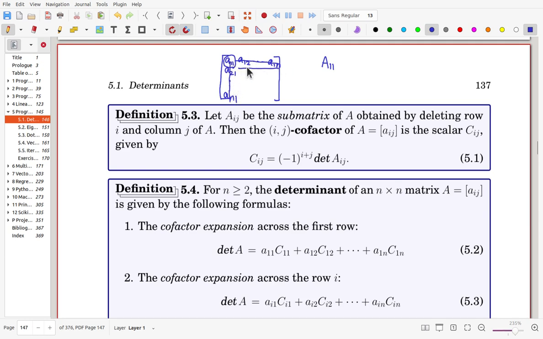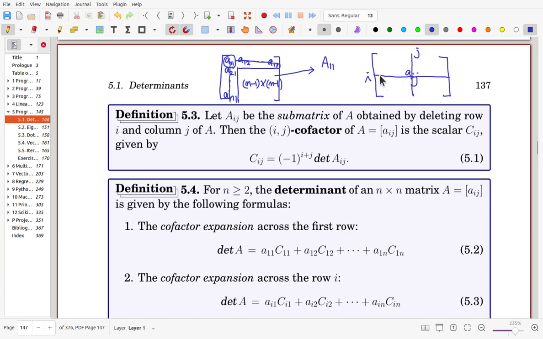Then the remaining part must be an n-1 by n-1 matrix. That is called A11. In general, here A_ij, that is in the ith row and the jth column.